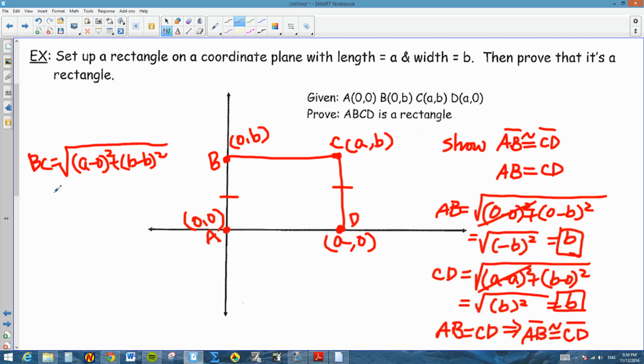That gives me 0, so you have A squared, that gives me A.